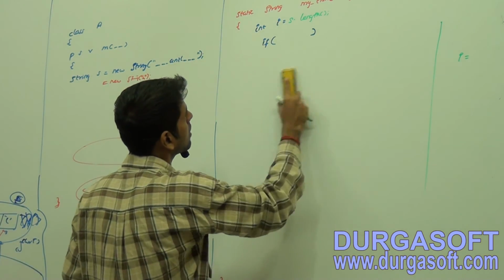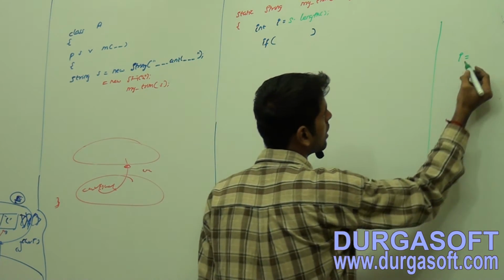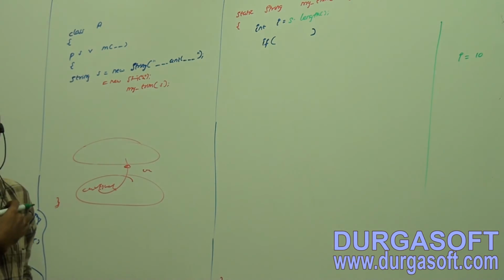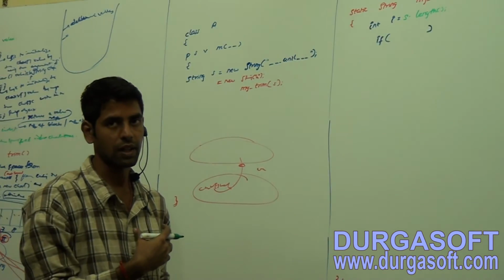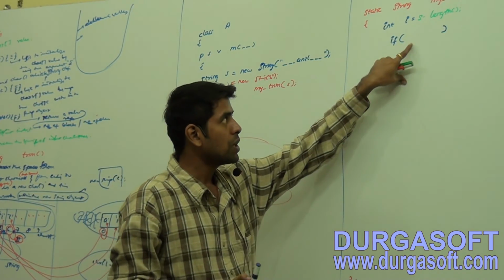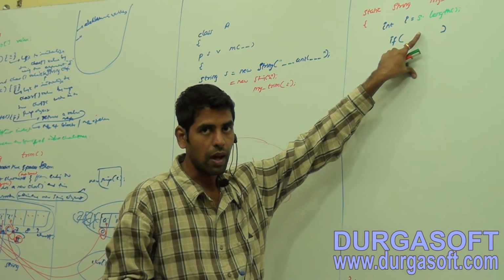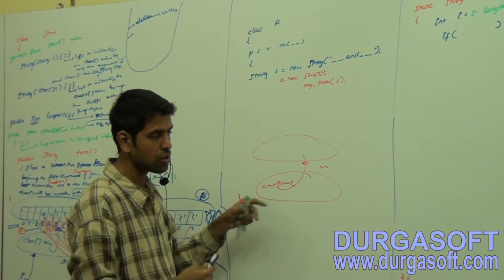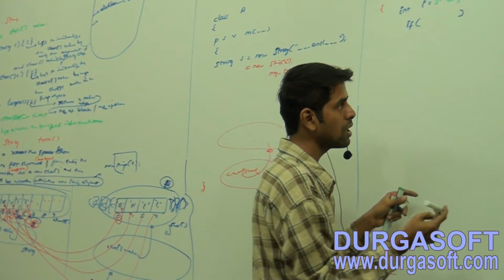Now what is happening? i equals s dot length, which is 10. At memory we have the i variable value as 10. Now after finding the length, come here: if the i variable value is greater than 0, observe here, if I pass this string object, what will be the i variable value?